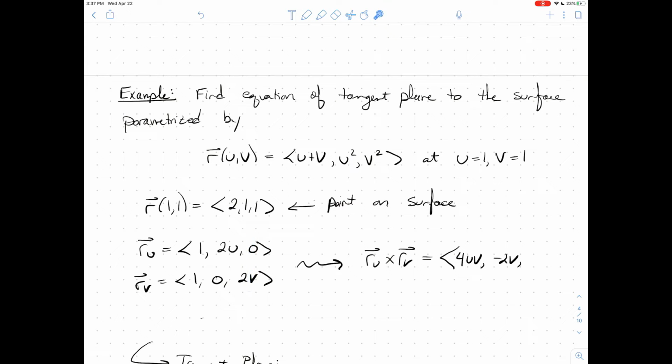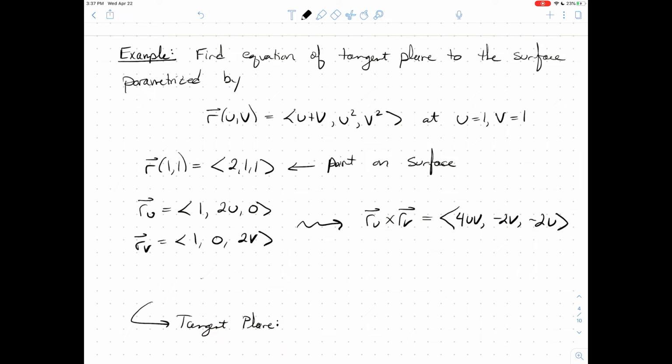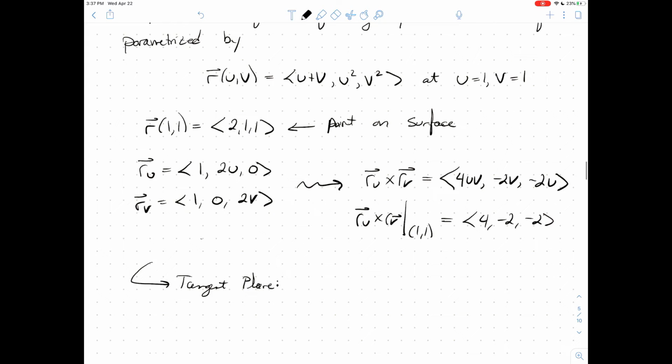And then I'm going to get 0 minus 2U, so negative 2U. I'm interested now in using this normal vector at my point. So I want R_U cross R_V evaluated when U and V are both 1, and I get out the vector 4, negative 2, negative 2. I'm going to get rid of the 2, and I'm going to use 2, negative 1, negative 1.